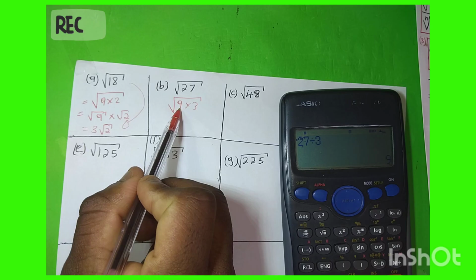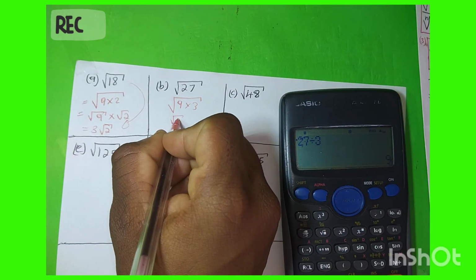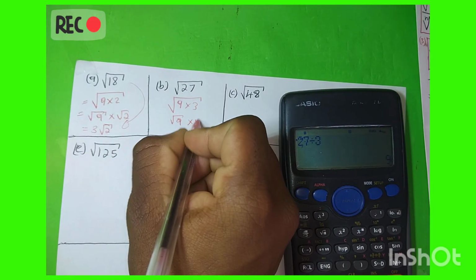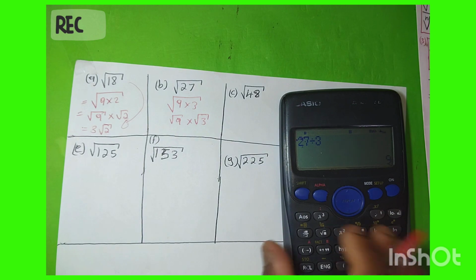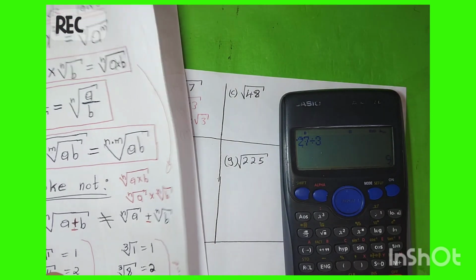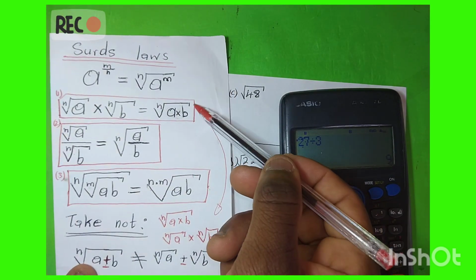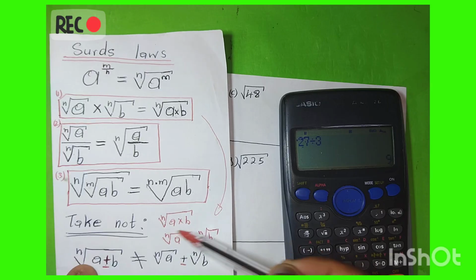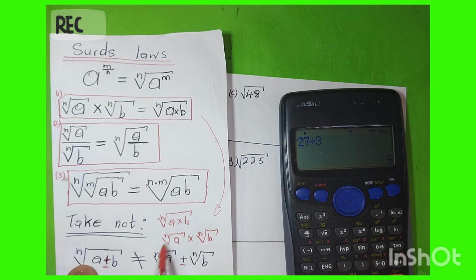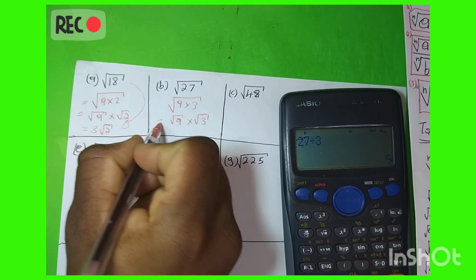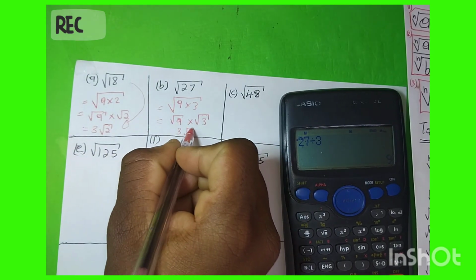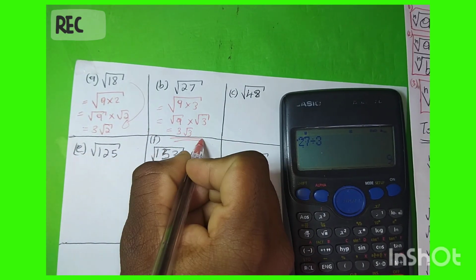And that 9 is a perfect square, meaning now I can write this in the form of square root of 9 times square root of 3, according to the first law. That first law can be written like this, whereby I can break this thing to become like that.